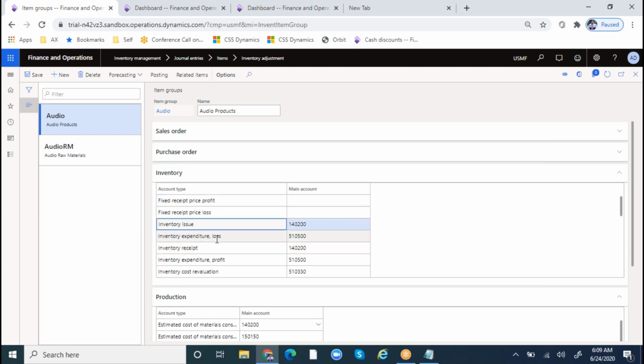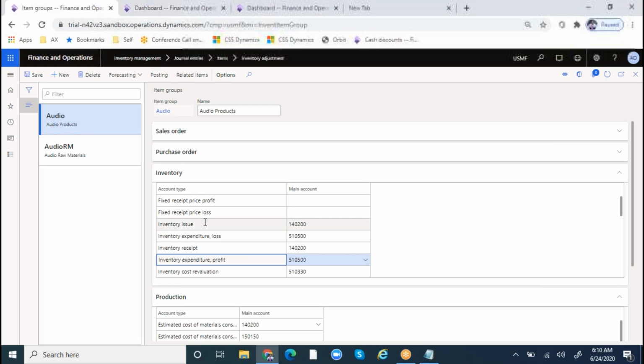Here, if it is decreasing, these two accounts will be posted. You are decreasing the stock by putting a loss of expenditure. If it is plus, these two accounts. Got it? So the item group in inventory, whatever it is there.